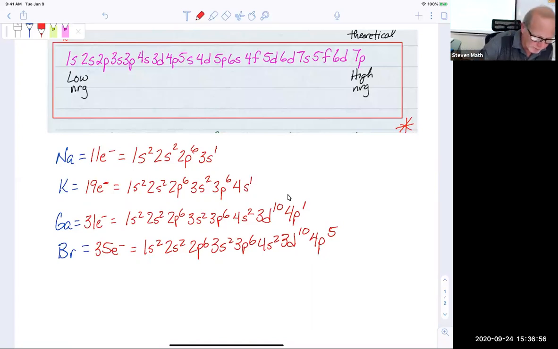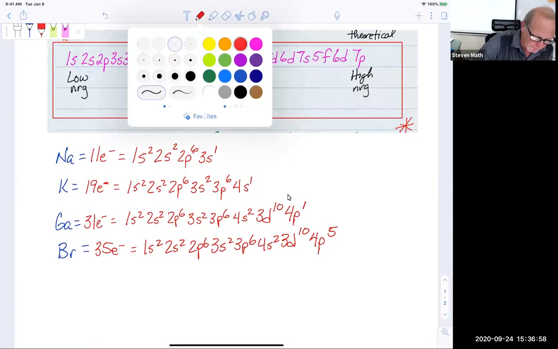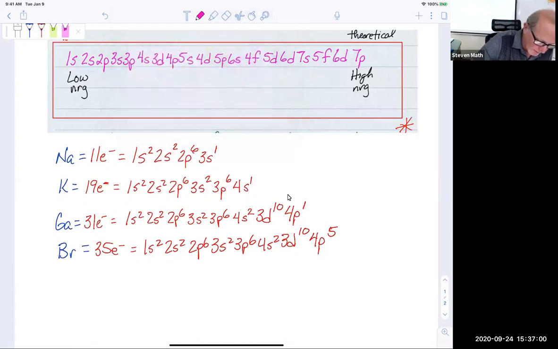By the way, I want to put a little helpful note up here: S can hold 2, P can hold 6, D can hold 10, and an F can hold 14. Those are the maximum electrons in an orbital.